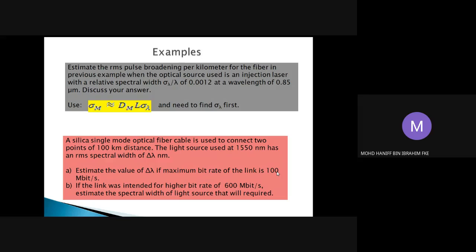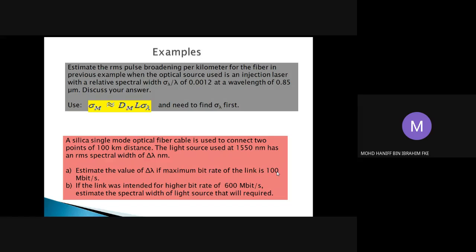Let's recall what we learned in lecture 6 part 1, about intermodal dispersion. There is one slide that gives the bit rate value, which can be calculated based on the value of dispersion. We have two values of bit rate.